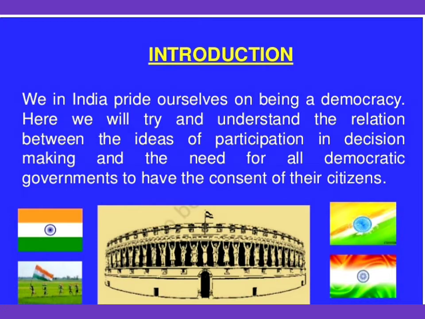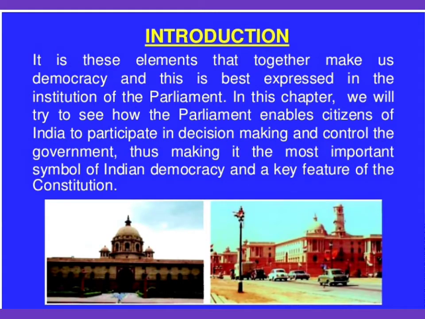Okay, let's begin with the introduction of the chapter. We in India pride ourselves on being a democracy. We try to understand the relation between the idea of participation in decision making and the need for all democratic governments for their citizens.